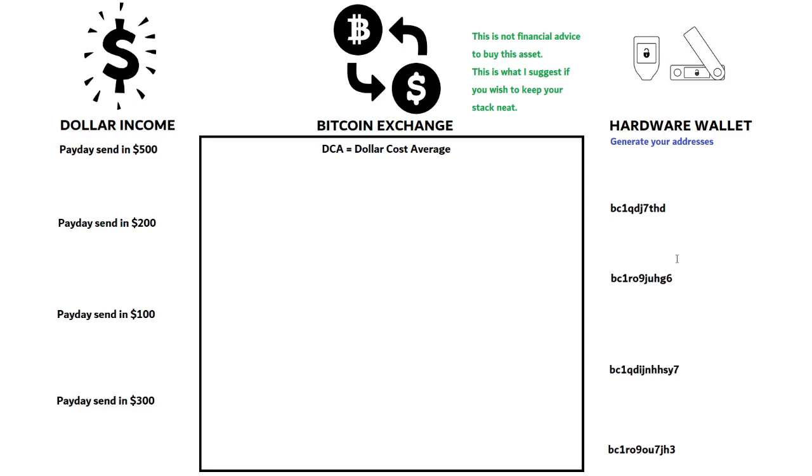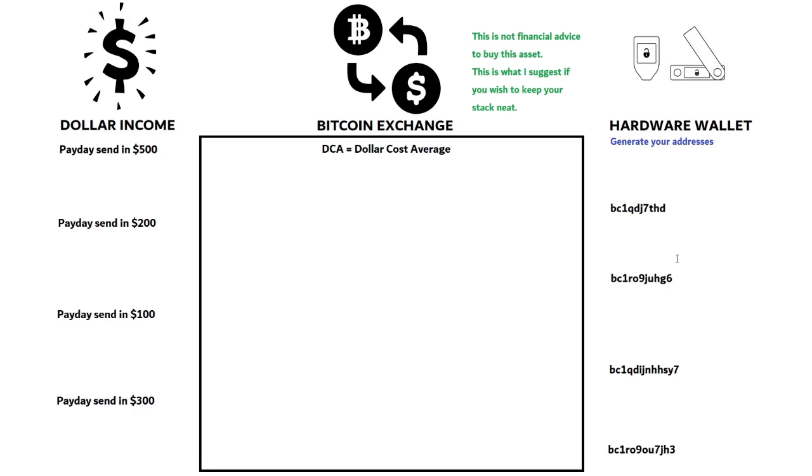You don't need to plug your hardware wallet into the computer every single time you send. That's just not necessary. So you can generate the addresses, save them somewhere very secure, keep it off your computer, and just send to those addresses without even needing your hardware wallet at all.